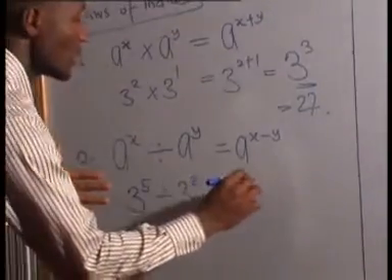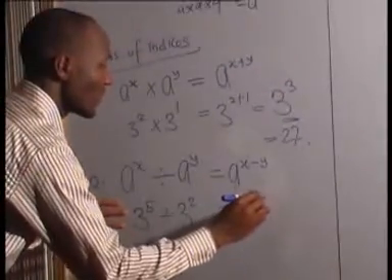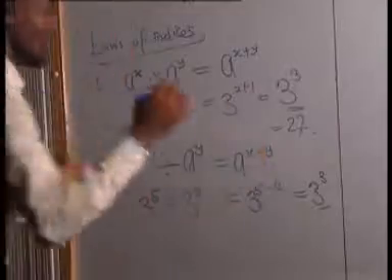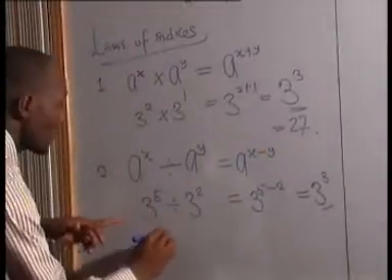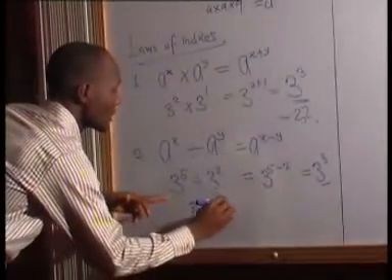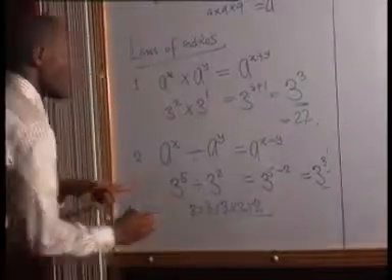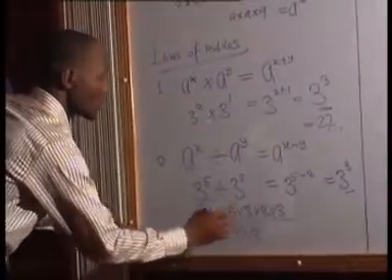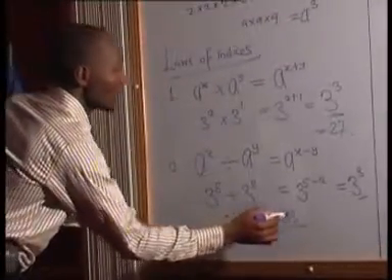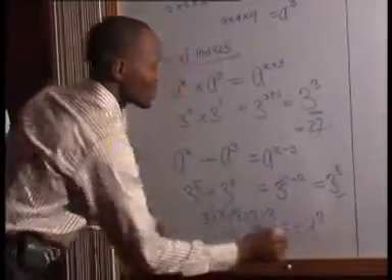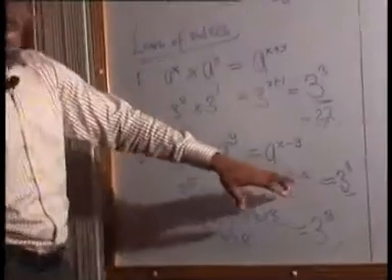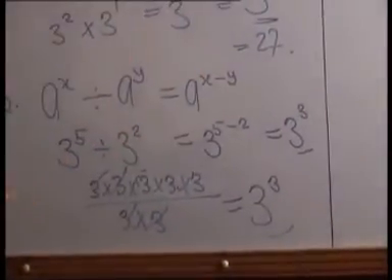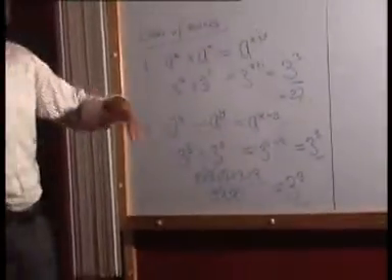The same thing as saying 3 raised to power 5 minus 2. 3 raised to power 3. I'll show you something. 3 raised to power 5 is like 3 times 3 times 3 times 3 times 3 over 3 raised to power 2, which is 3 times 3. This will cancel this. So we are left with 3 raised to power 3. So you can see, in this very short way, you just pick the powers, subtract them, and you have the answer. It's very easy. So that's the purpose of this.